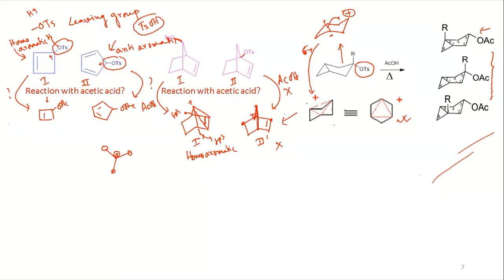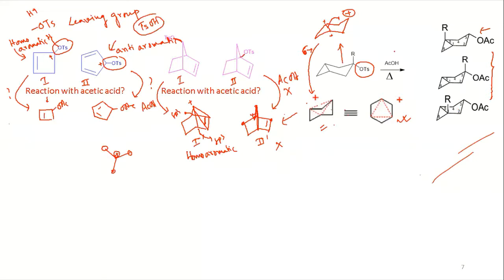If you give numbering, since there is not too much time, I'm just not moving on. You can just try that one. When you have this structure and then react with acetic acid, you will know what happens. So these are the 3 structures you can access.